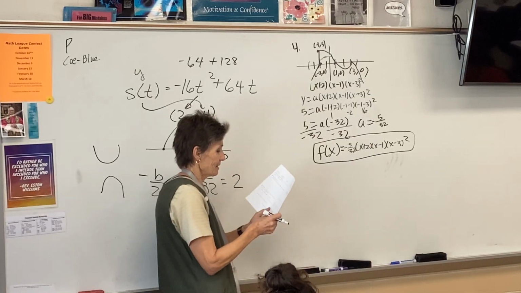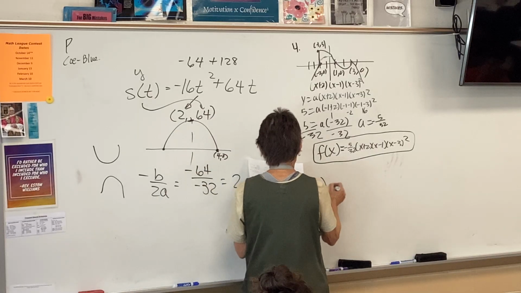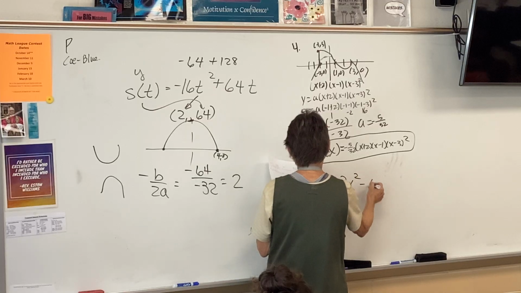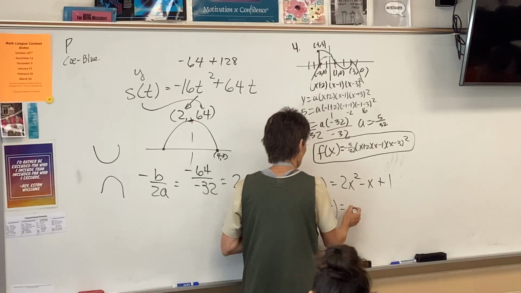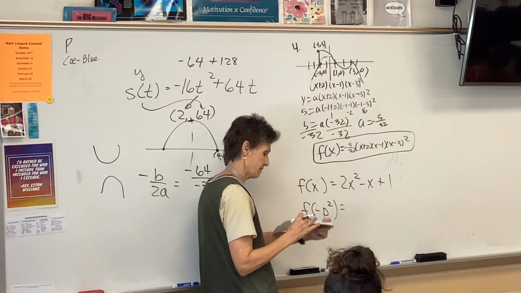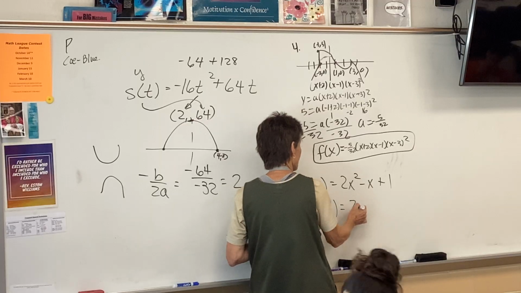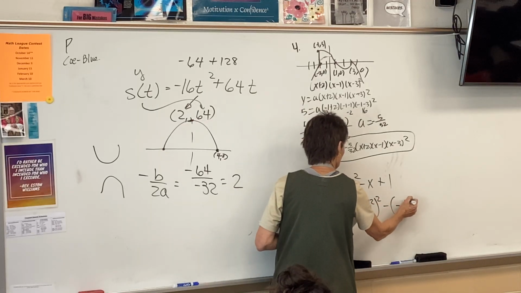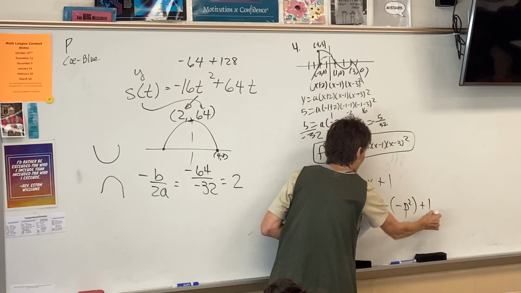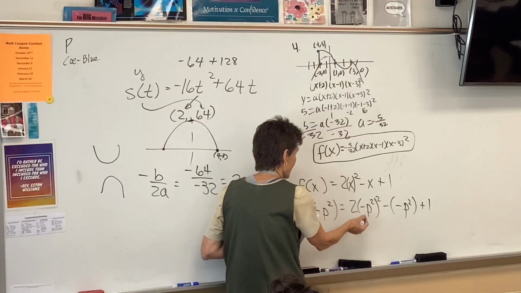All right, give him a second to load. Number 5. We're going to find f of negative p squared. This looks like what we just did. We'll just plug in negative p squared for every x. So every time you see an x, you're going to put in negative p squared.